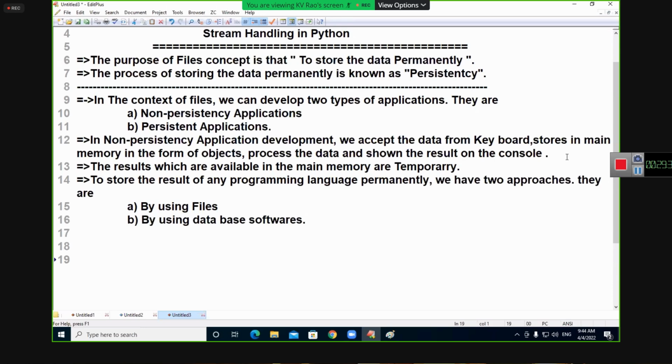One is by using files. The second one is by using database software. There are two ways to store the data permanently. So first our heading is, by using files. Are you able to understand?